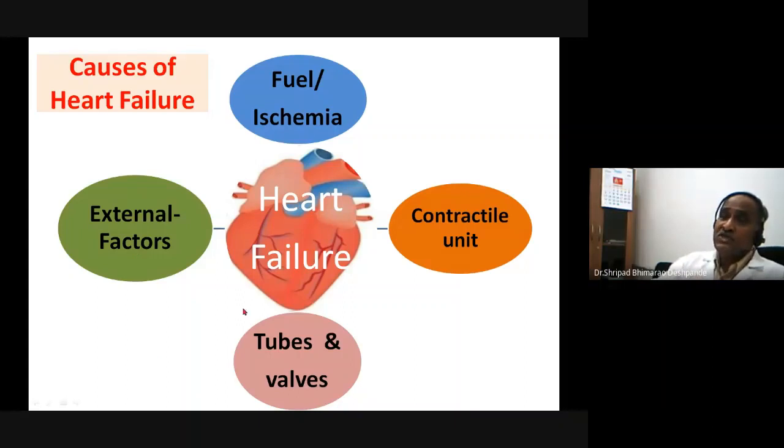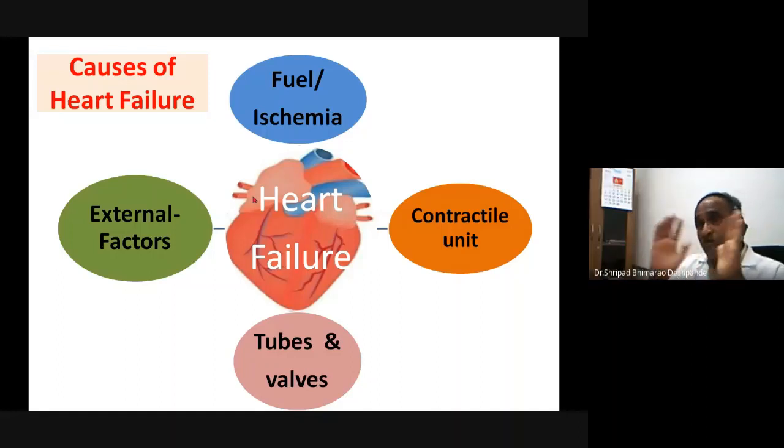There is too much gush of blood into the ventricle. There is a hyperdynamic circulation. This hyperdynamic circulation is an external factor, because it is independent. The heart is okay, there is no ischemia, the contractile machinery is fine, the tubes and valves are fine, but the blood flow is more than normal. So these are the four factors related to heart failure.